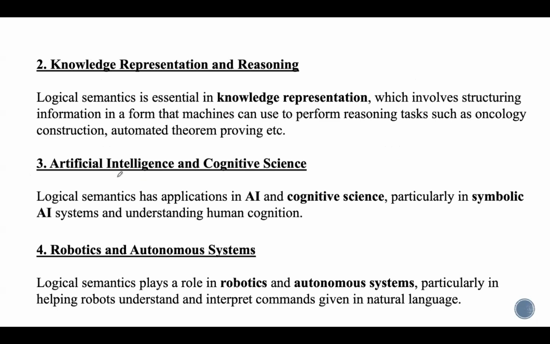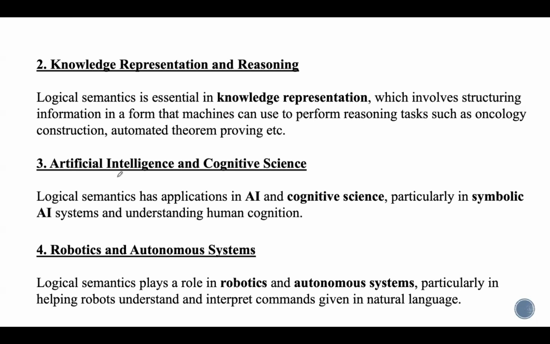The second application is knowledge representation and reasoning. Logical semantics is used for representing knowledge and reasoning in AI systems, allowing systems to derive conclusions based on formal rules. Say in the medical domain, logical semantics helps create an ontology that formalizes relationships like doctor, which is a type of person, treats a patient.